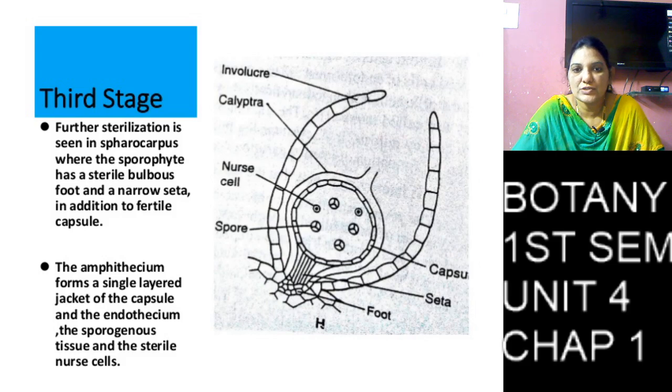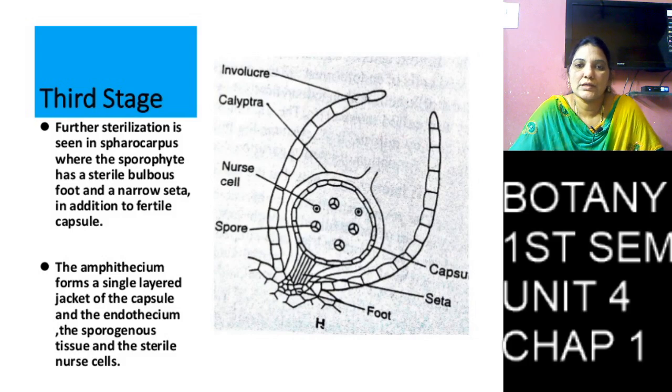The foot is attached with the thallus and absorbs water and minerals, and it is used for the seta. In the seta, two or three layers are present in vertical shape, and the seta absorbs water and minerals and it is used for the capsule.